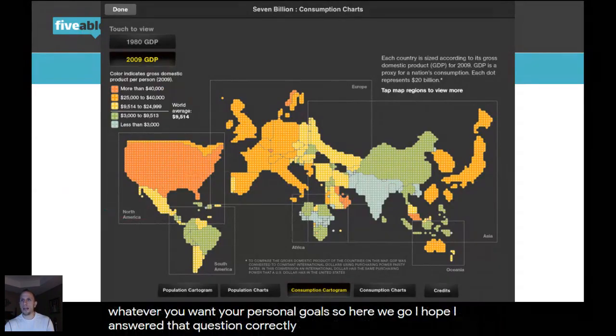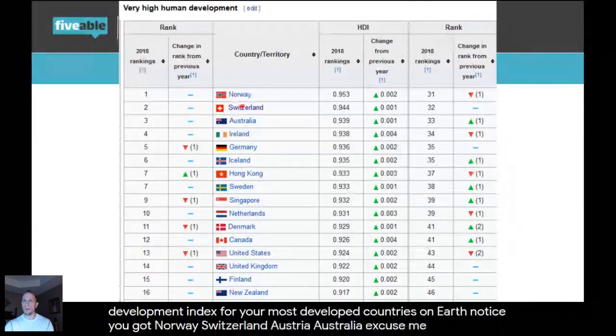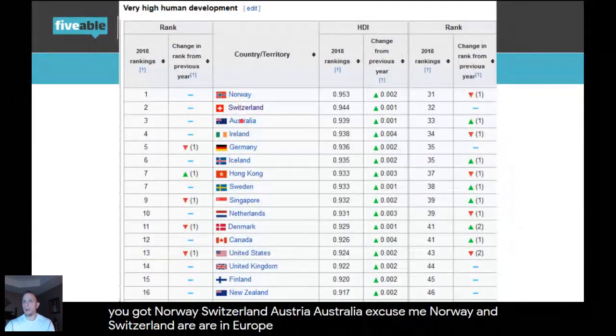Okay, so let's go back a couple of slides. This right here is a relatively current list, 2018 rankings of the Human Development Index for your most developed countries on Earth. Notice you got Norway, Switzerland, Australia. Norway and Switzerland are in Europe. Most of these are going to be European, and you got the United States at number 13.